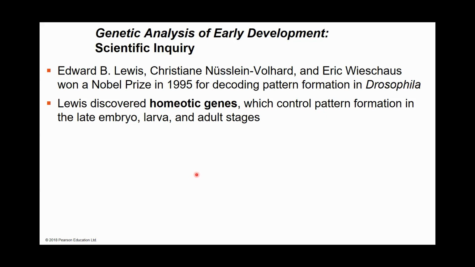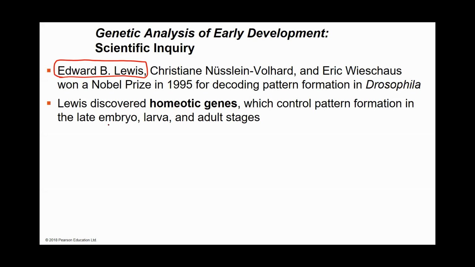And the first, the pioneer scientist who started doing that was Edward Lewis. So Edward Lewis wanted to discover the genes, or genetic loci, that are important for embryonic development in Drosophila.